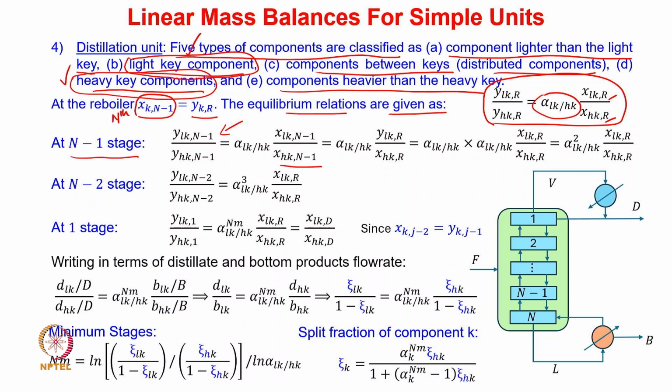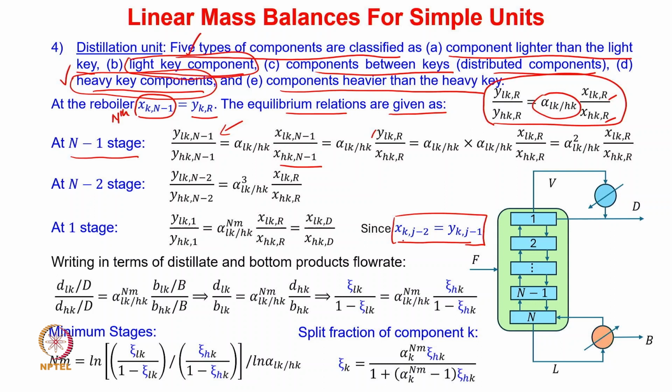Now you can see that in this case this x Lk n minus 1 and x Hk n minus 1, this we can represent as y Lkr and x Hkr, isn't it? Because x Lk n minus 1. So see, if you are looking at n minus 1 stage, whatever is coming in the n minus 1 stage in the liquid phase, and whatever is going from the n minus 1 stage, so that will be the mole fractions of the liquid phase and the vapor phase will be same.